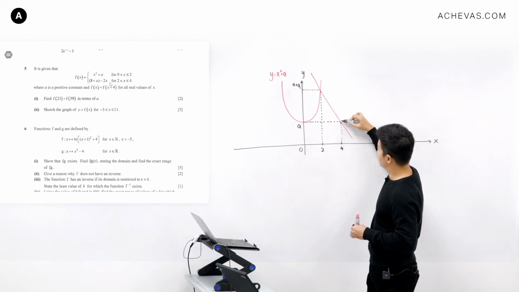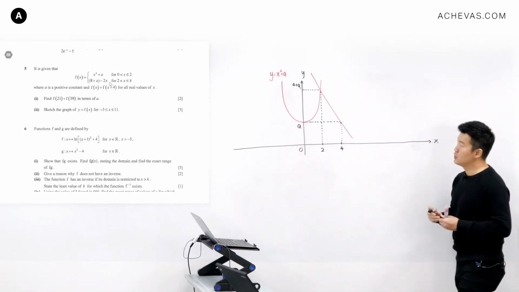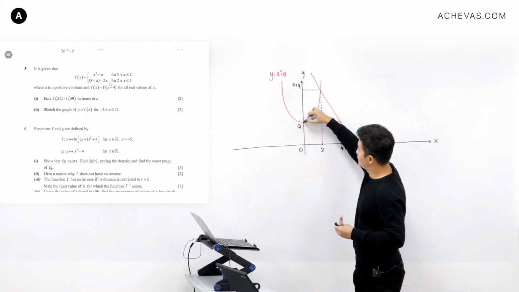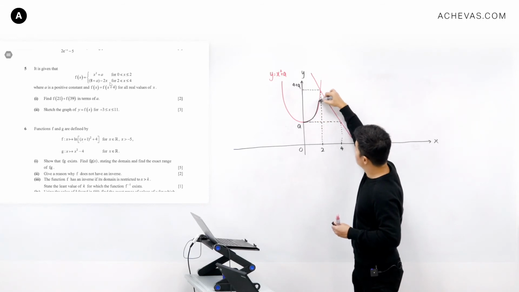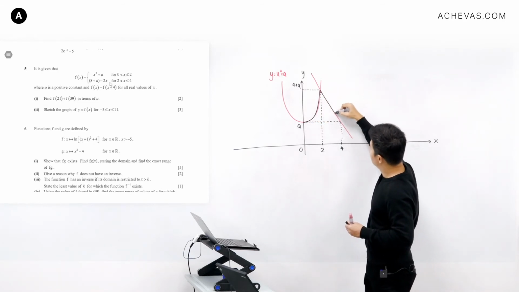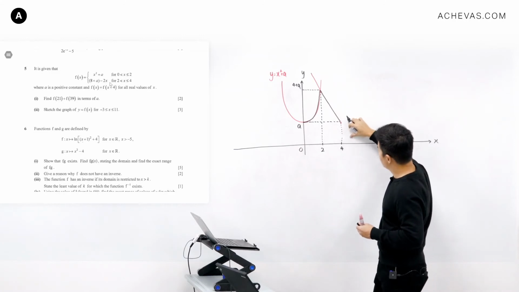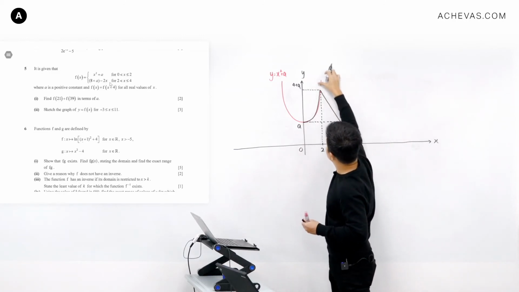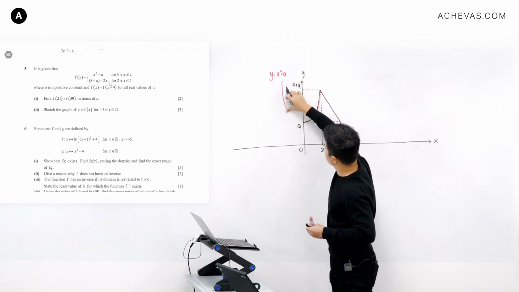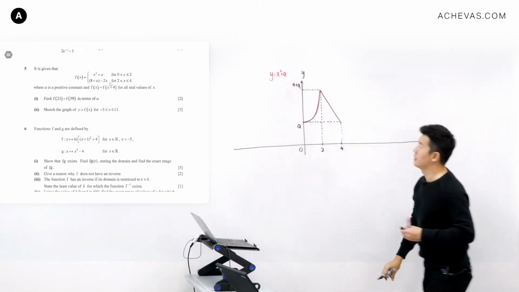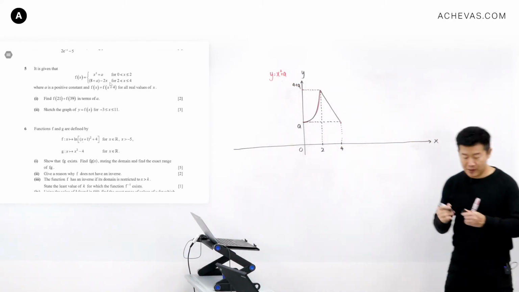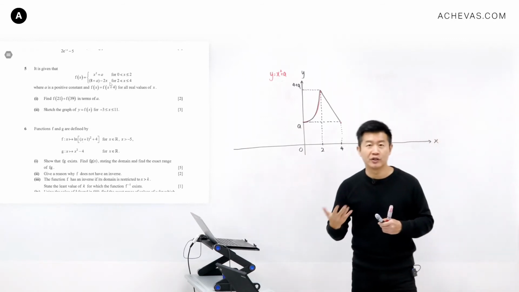So it is going to be this, which means that my graph is this. Let me erase this. Here, I will also erase. I will sketch one period first, then I will continue with the rest.